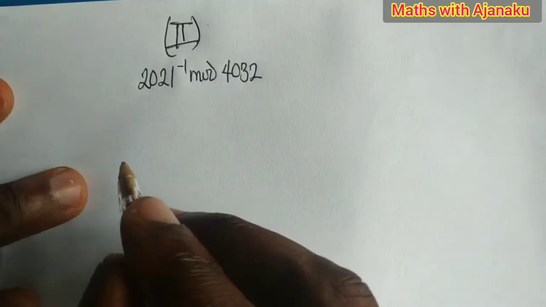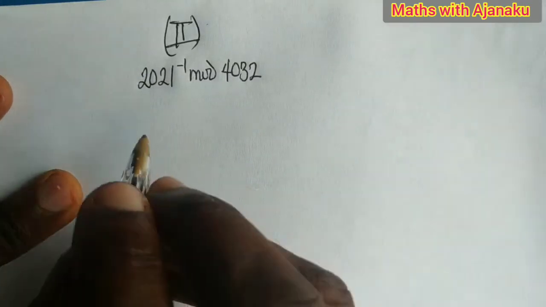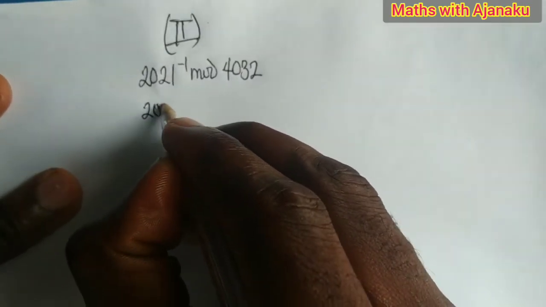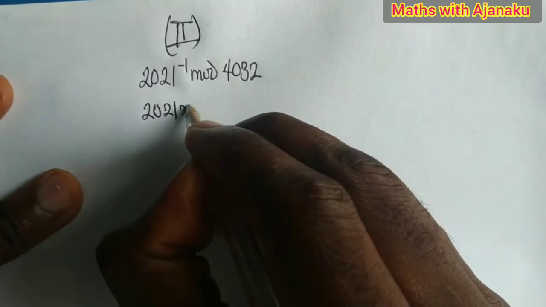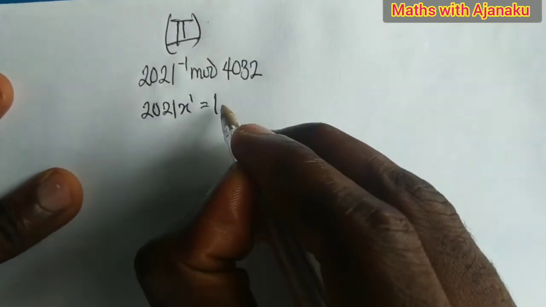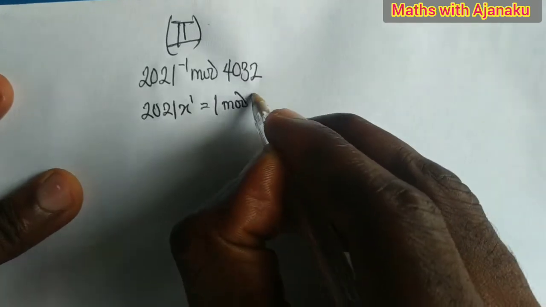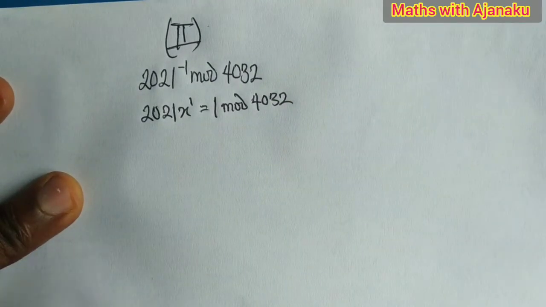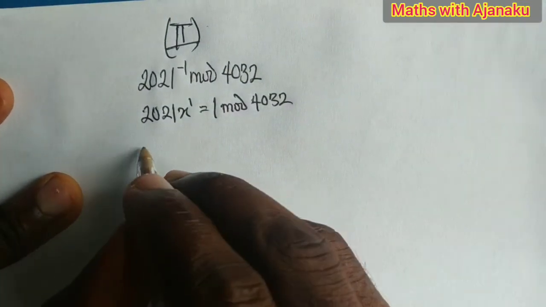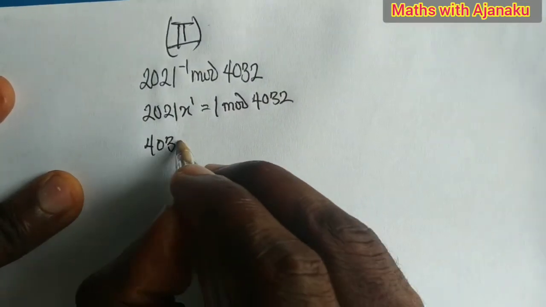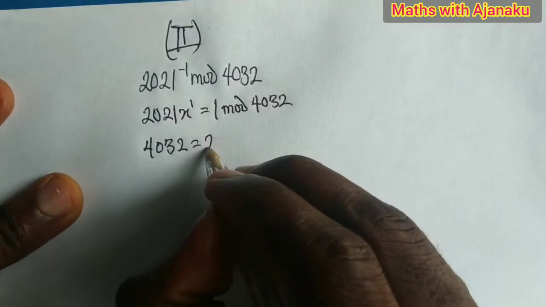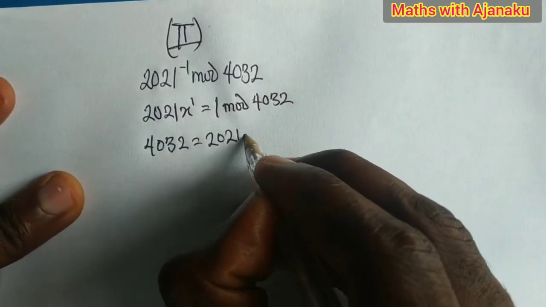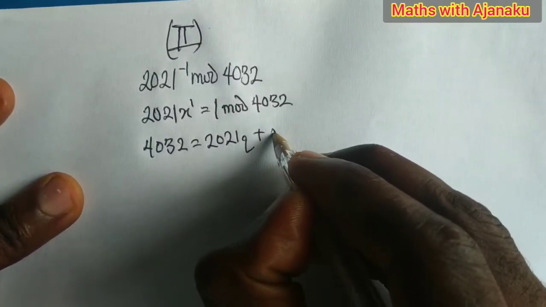Let's solve the second question. 2021 times x prime is equal to 1 modulo 4032, and by Euclid interpretation, this will give me 4032 is equal to 2021 times some q plus some r.